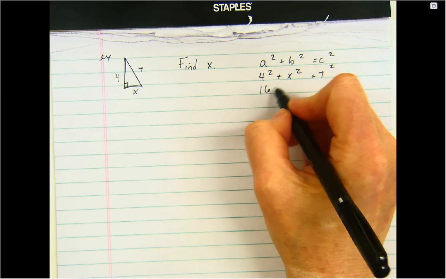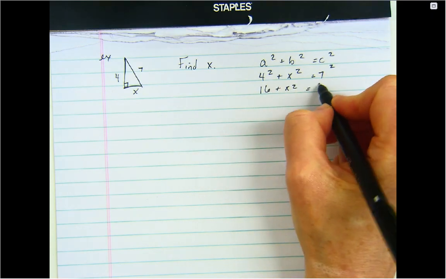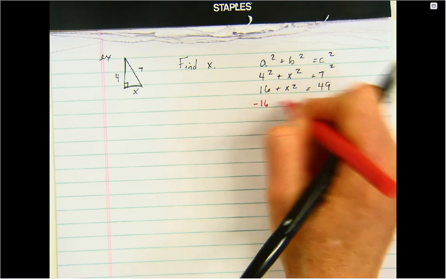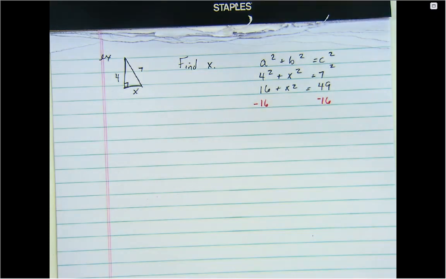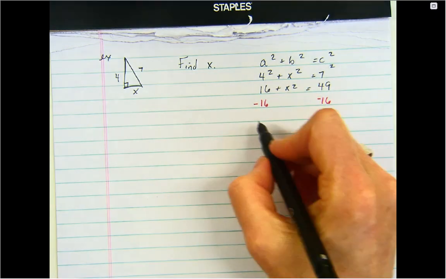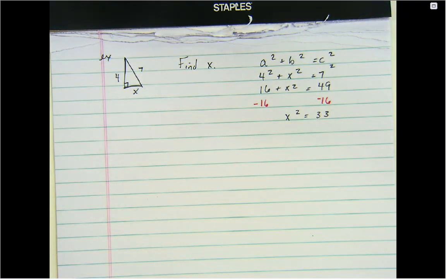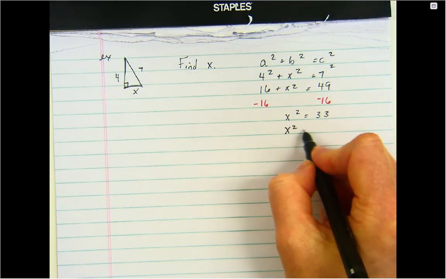4 times 4 is 16. 7 times 7 is 49. And this is one where we have to get the x by itself. So we'll subtract 16 from both sides of the equation. So the next thing to do is take the square root of both sides of the equation.